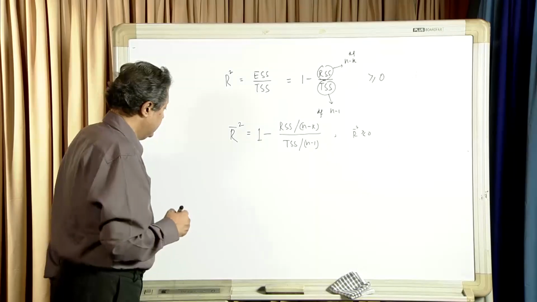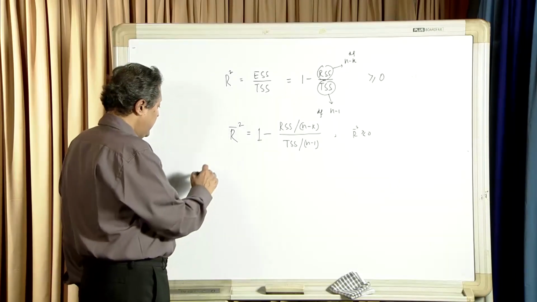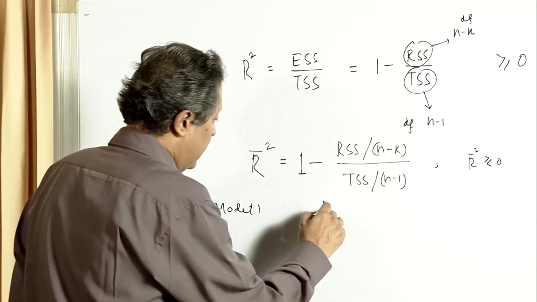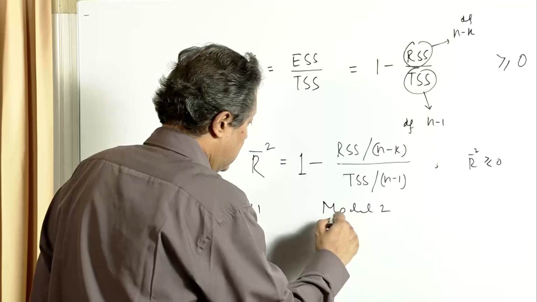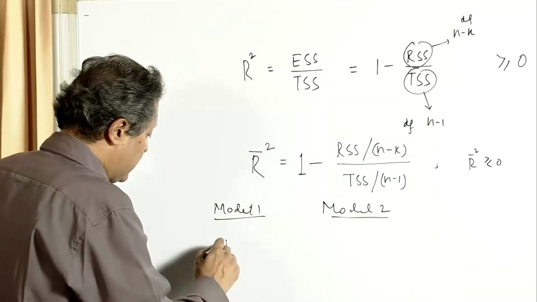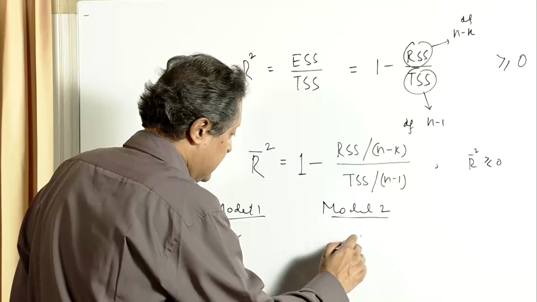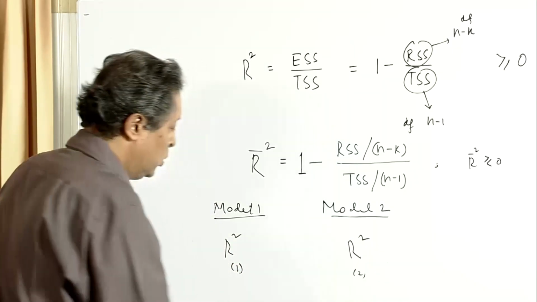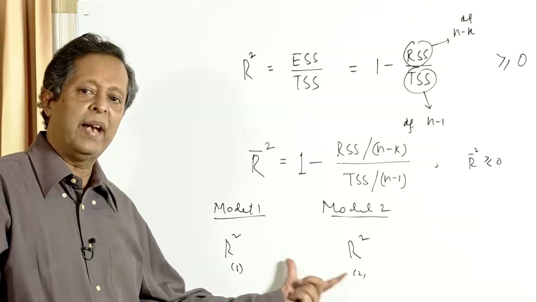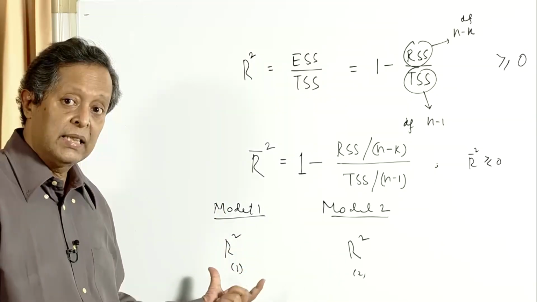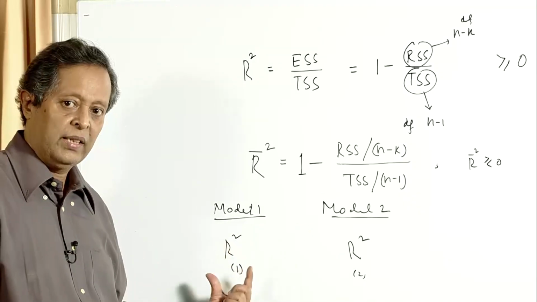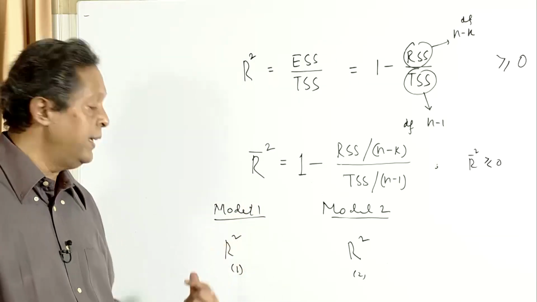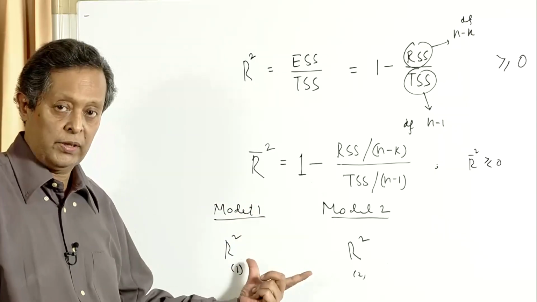Another important point that we have to keep in mind is, if we have model 1 and model 2, and if we have R square from the two models, say this is R square from model 1 and this is R square from model 2, then can we automatically compare these two? The answer is, we can compare these two R squares, provided that the explained variable, the y variable, is the same for the two models.